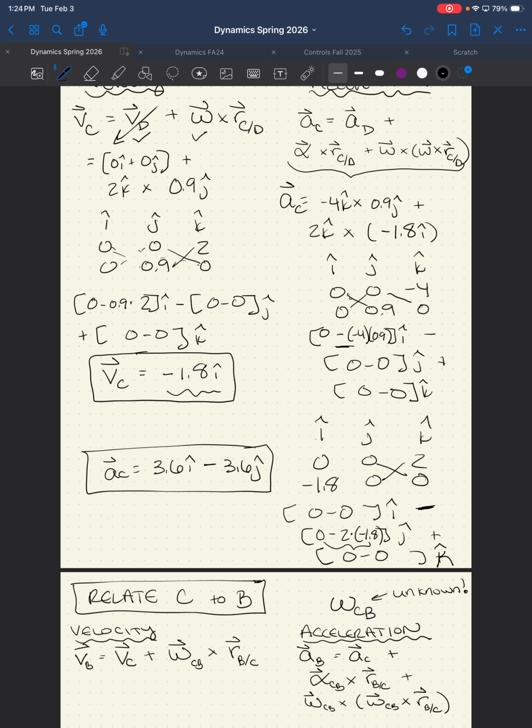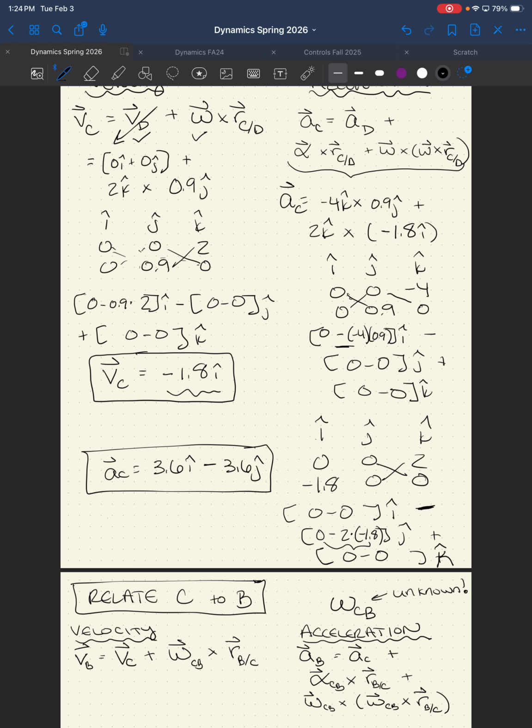Okay? So what I can do is say, all right, well, I don't know the amplitude of CB. I don't know whether it's positive or negative, but I do know that it points in the k-hat direction. So I'm allowed to do this.